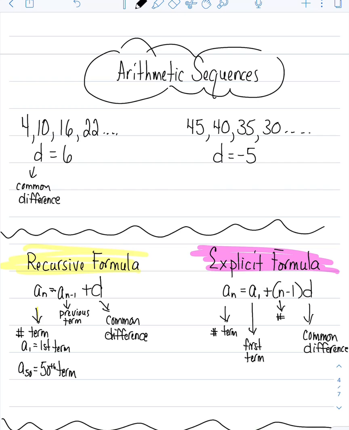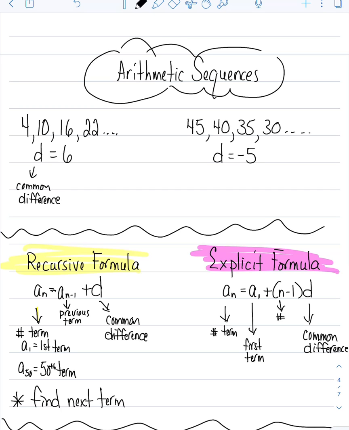And then I also want to tell you when you're going to use these. The recursive formula simply helps you find the next term. Just like to complete these terms up here, I said 4 plus 6 is 10. 10 plus 6 is 16. 16 plus 6 is 22. Recursive just means you keep adding or subtracting.